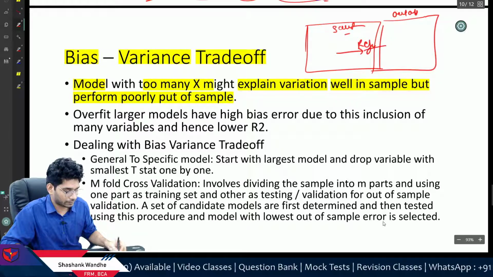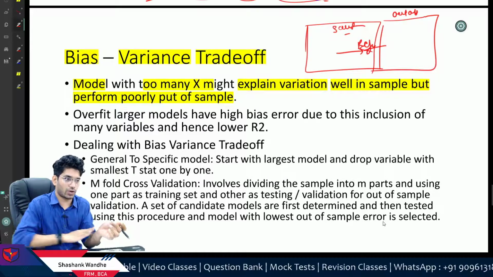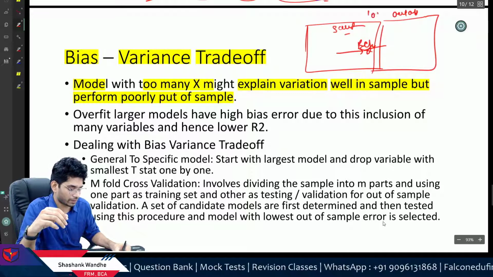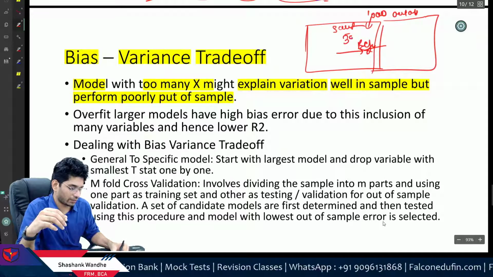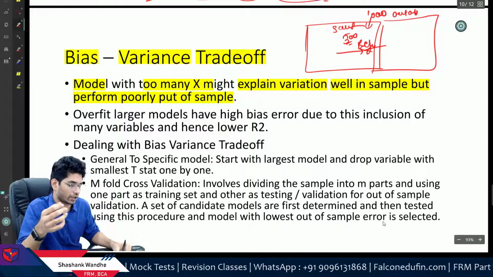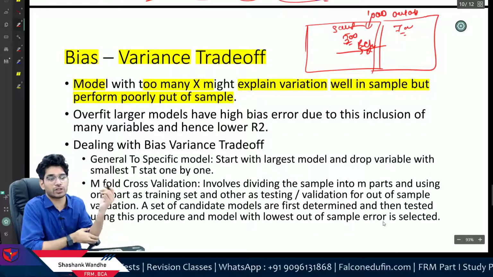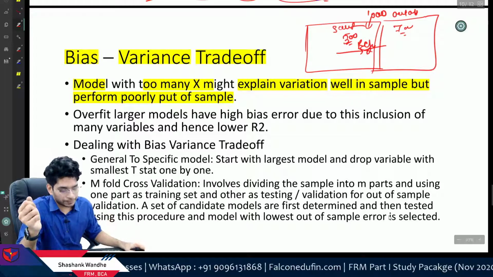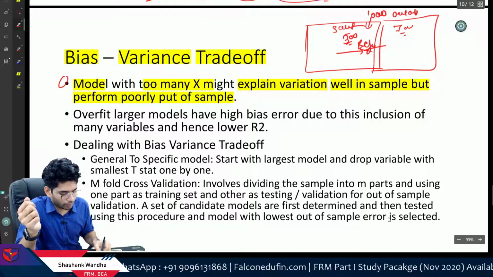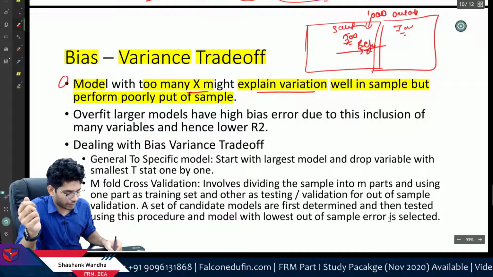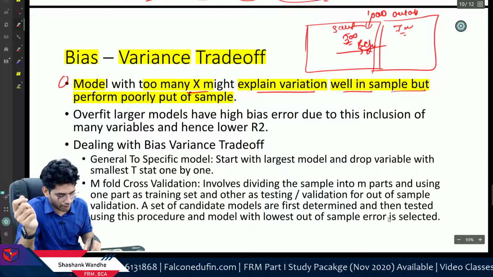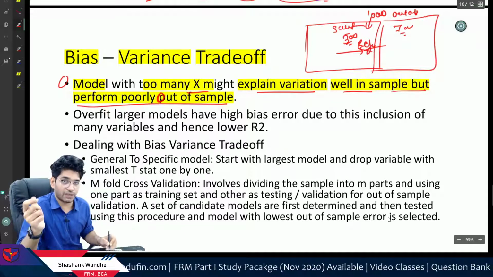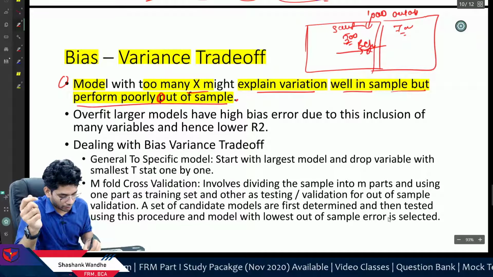Say you have 1000 observations. Out of 1000, you take 300 for your sample and the remaining for testing. The remaining 700 observations are considered out of sample. So a model with too many x might explain the variation well in sample, but perform poorly out of sample.